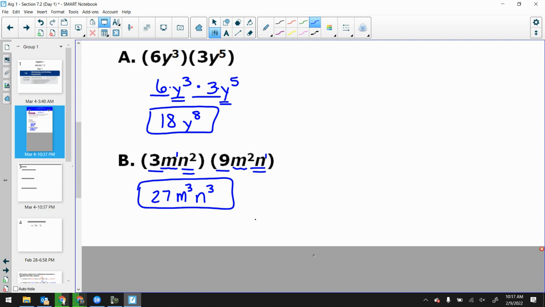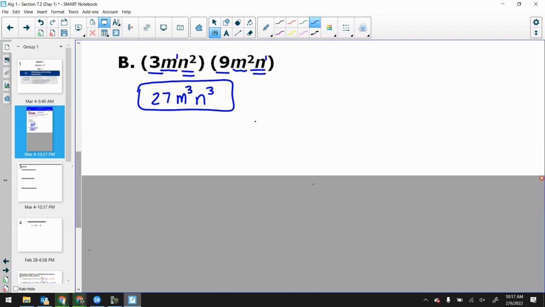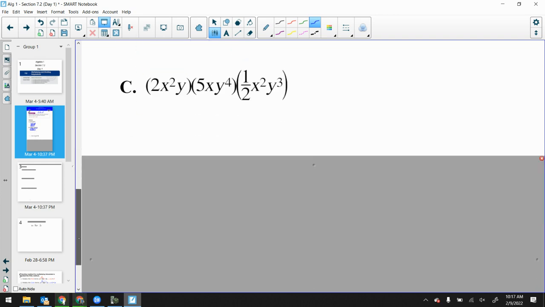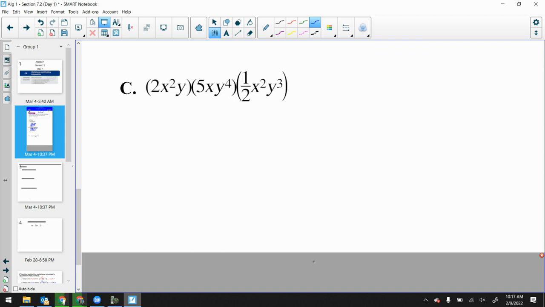Let's do that one more time. Now, does the property still hold when we have more than 2 monomials? Yes. I could do as many monomials as I want. All I'm going to do is just keep grouping all the numbers together and then all the letters together. For example here, I'm going to take the 2, the 5, and the 1/2.